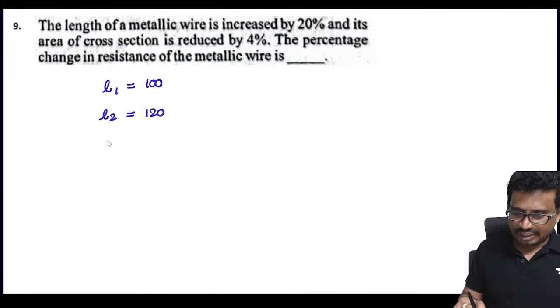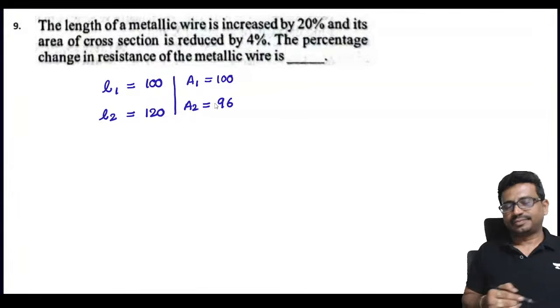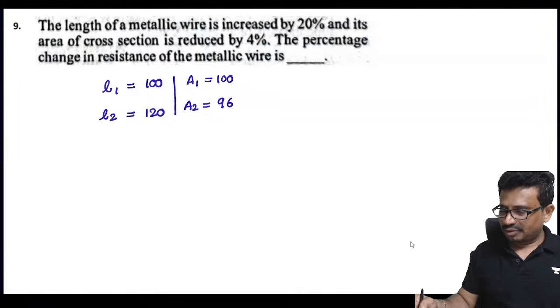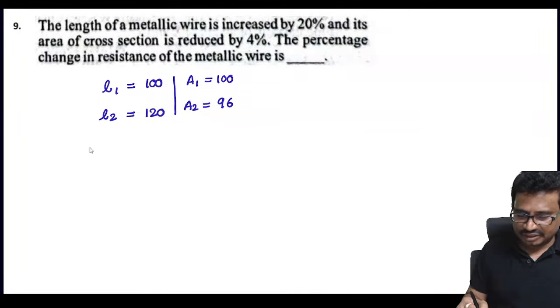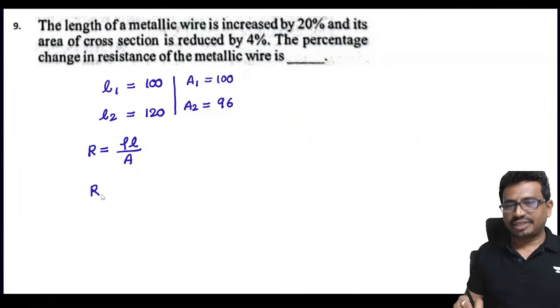Okay, and what about the area they are saying here? Area A1, which is also 100 if I consider, is decreased by 4%, means it will be 96 now. Now, what is the variation of resistance here? R equal to rho L by A. L changes, area changes.